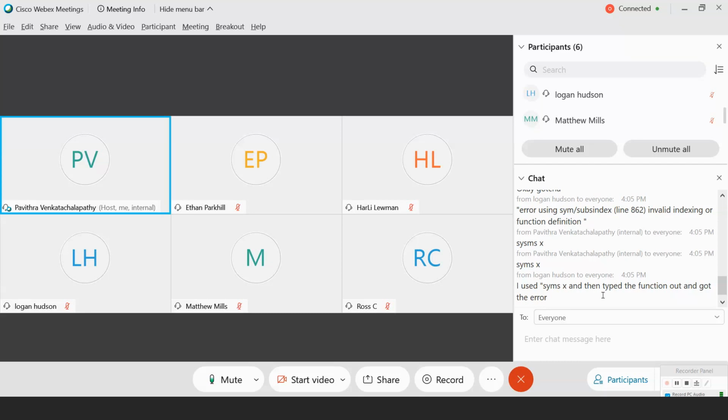Write syms x, and then if your function f of x is equal to cos x, type that. Because it will definitely work. I can show you.